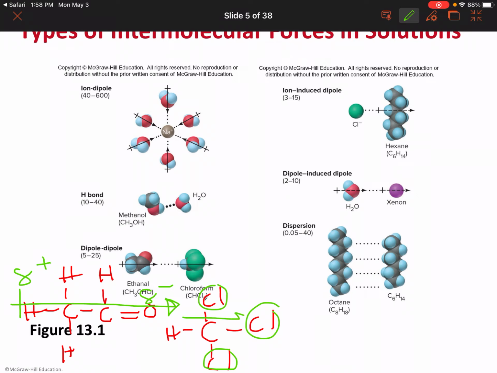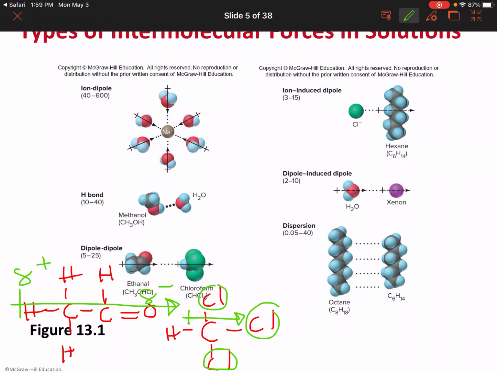So the arrowhead is pointing towards the more electronegative side and this would be the positive side. So the dipole is the charge interaction between two opposite charges between two molecules. So ethanal and chloroform are going to be soluble because they have dipole-dipole interactions.